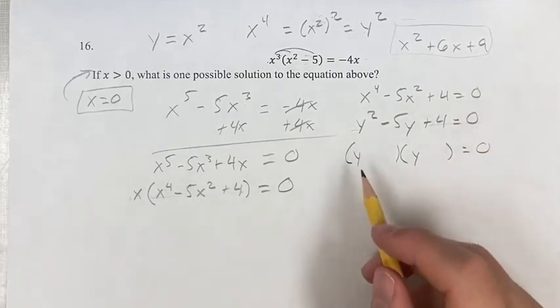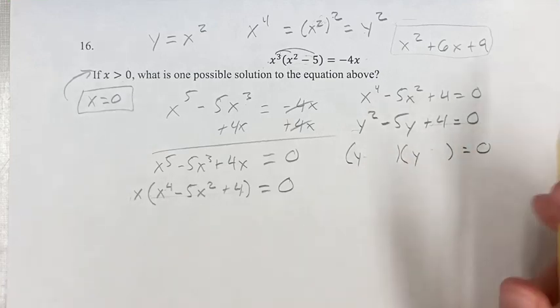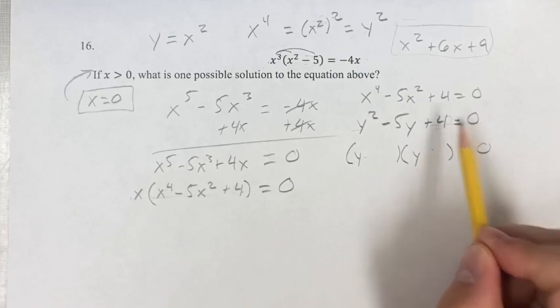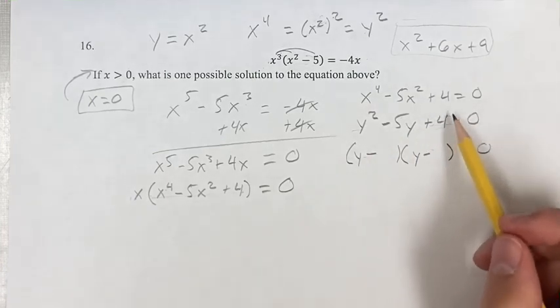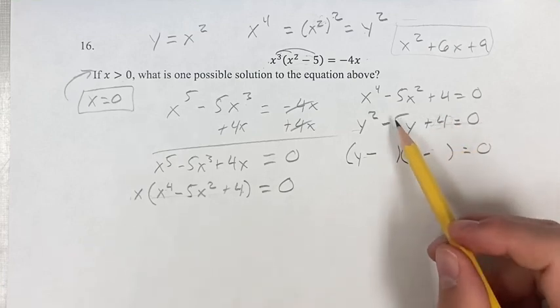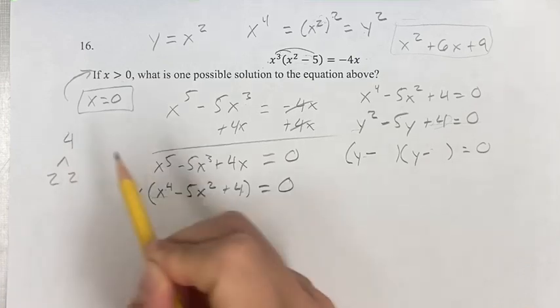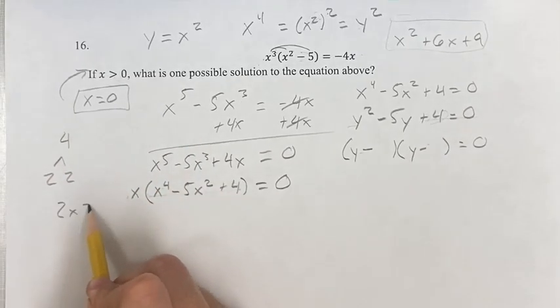So that means that these two numbers are going to add to a negative number and multiply to a positive number. So that means they're both negative. They're factors of 4 that are going to add to 5. If we factor 4, we come to 2 times 2, so 2 times 2 is equal to 4.